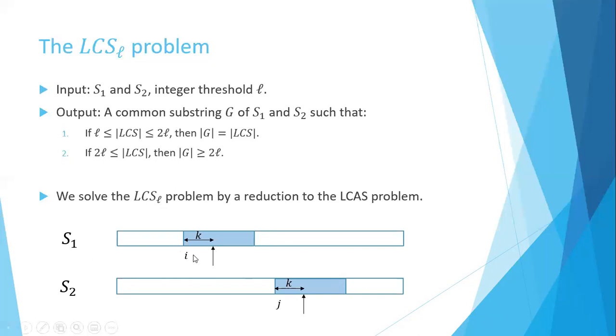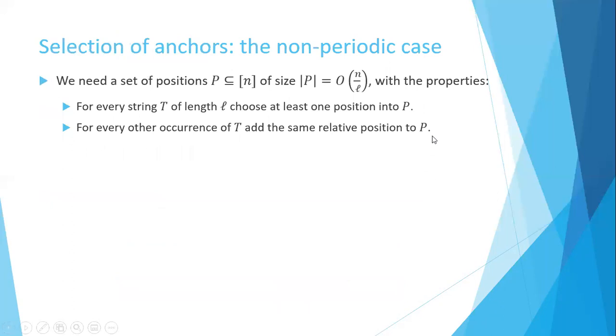If the common substring starts at position i in S1 and position j in S2, then we need some offset k such that i plus k will be in A1 and j plus k will be in A2. So how can we do it for all the substrings that interest us?